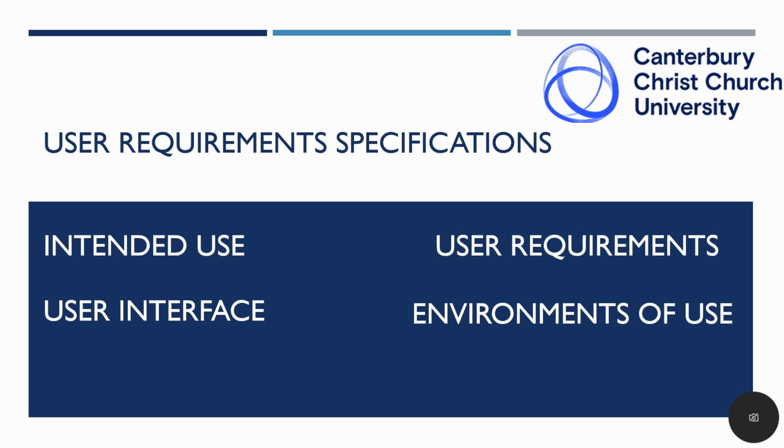User requirements covers performance expectations and specific needs of the peak flow meter we have made. Environments of use considers where and how the product will be utilized. In this case, our peak flow meter will be used in the NHS or in the medical field for COPD patients. Each of these elements plays a crucial role in shaping a design that is both practical and effective. In the next slides, we will dive deeper into each aspect.